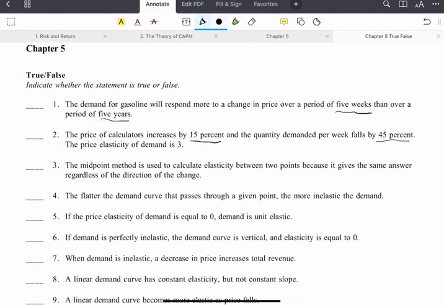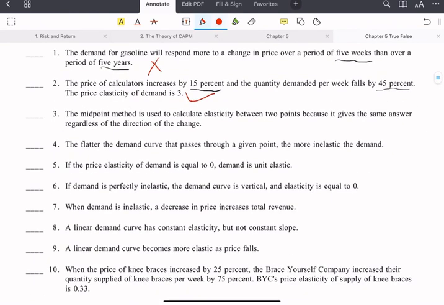So 45 divided by 15 gives you 3. So this one is correct. Now the third problem. The midpoint method is used to calculate elasticity between 2 points because it gives the same answer regardless of the direction of the change. Well, this is right. This is exactly why you need the midpoint method.